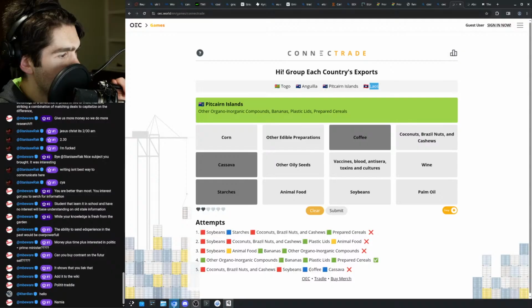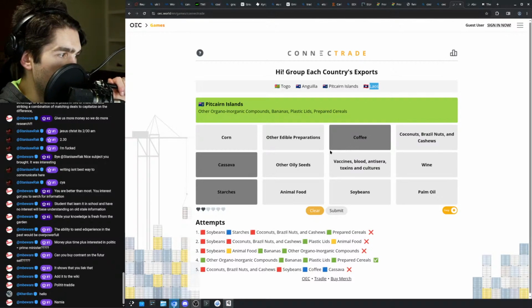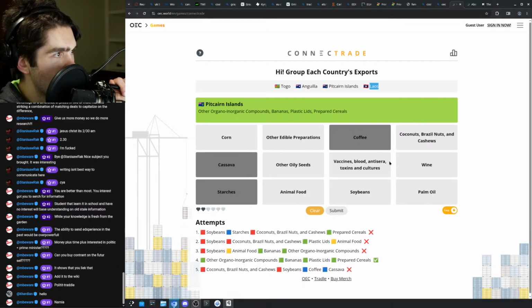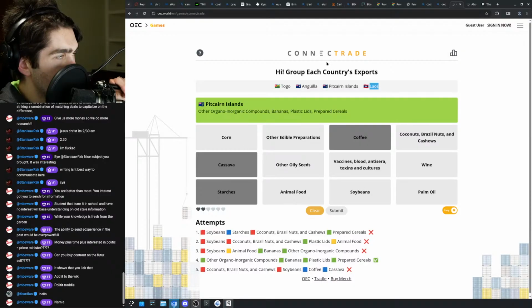All right. Coffee, cassava, starches. What is missing to make one of these? Who would be making coffee? I'm guessing we're not talking about Laos because Laos feels like soybeans. So, Anguilla or Togo? What is cassava?